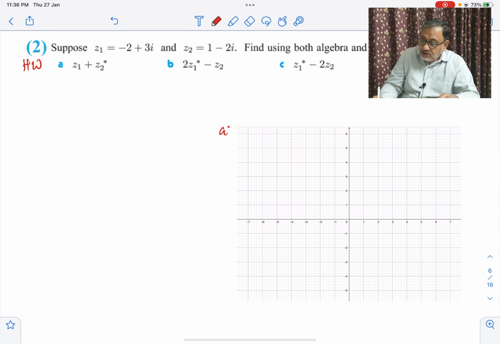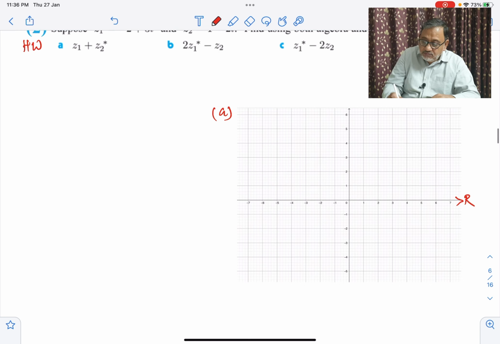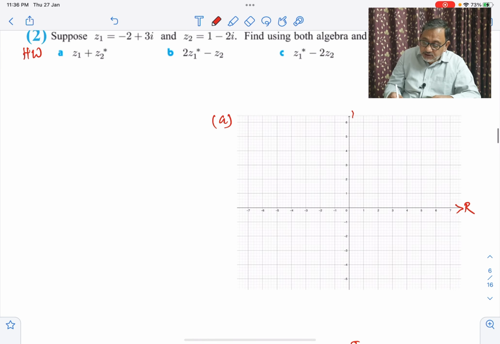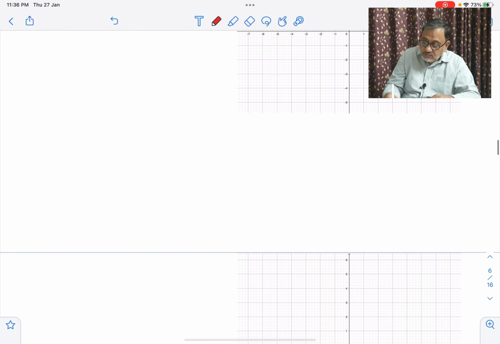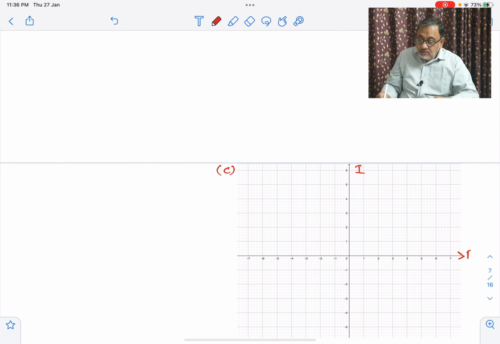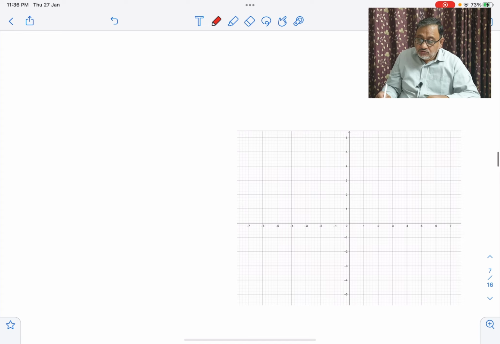This is the real axis. This is for part B, this is the real axis and this is the imaginary axis. This is for part C, imaginary axis and this is the real axis. And is there a fourth one?